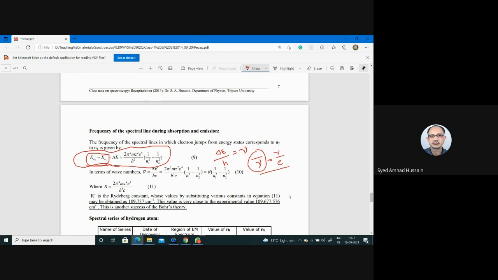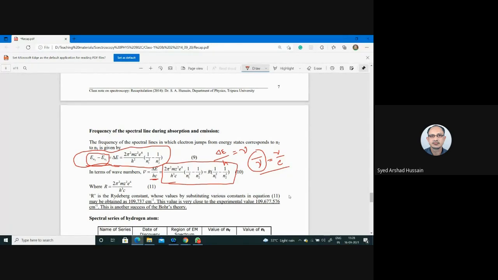So if you multiply the wave number with c, you will have the frequency. The wave number corresponding to this absorption or emission is equal to delta E divided by hc. So easily you can have an idea about the frequency.